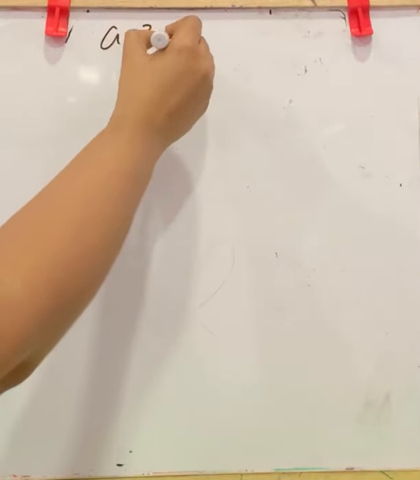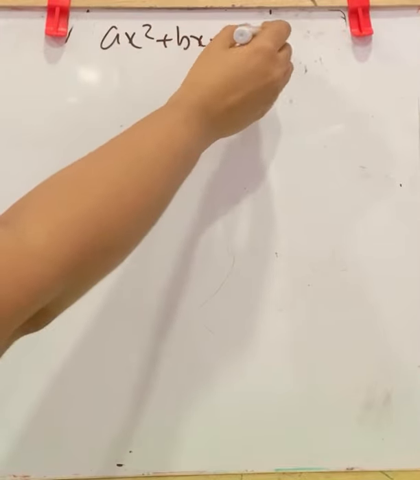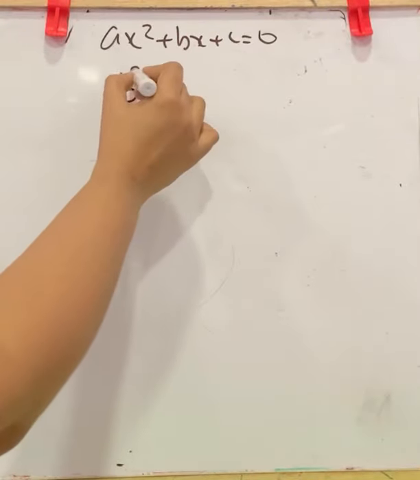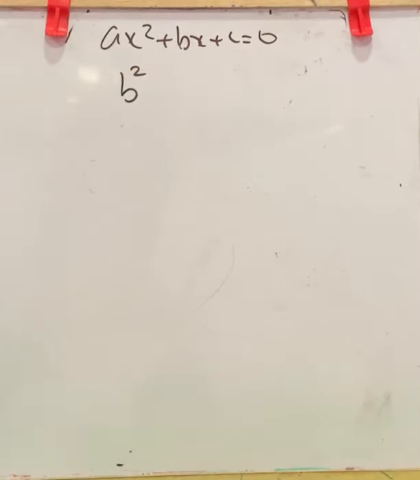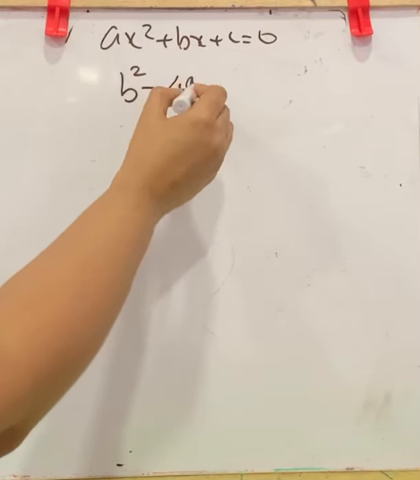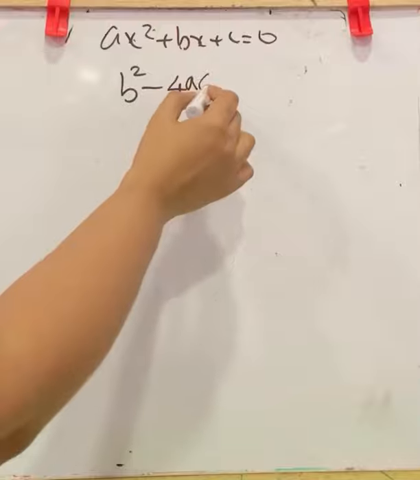So we have a formula for finding the roots of a quadratic equation depending on the coefficients of the quadratic equation. We know ax square plus bx plus c equal to 0. This is the quadratic equation's general form, and the condition is b square, that is coefficient of x, b square minus 4 into a, the coefficient of x square, and c, the constant term.